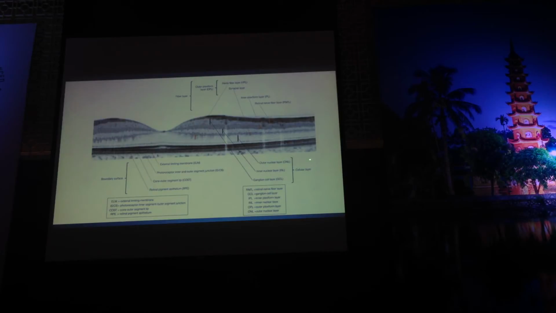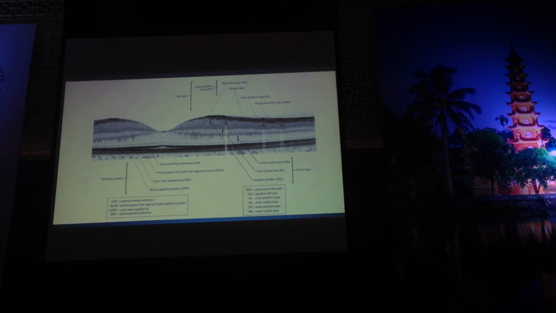And then you have the cellular layer, which is weakly reflective: outer nuclear layer, inner nuclear layer, ganglion cell layer. And you have the boundary surface, which is located around here at the photoreceptor areas. You have the external limiting membrane and the IS/OS junction, ellipsoid zone, and the cone outer segment, and you have the retinal pigment epithelium here as well. Do you wonder why the RPE, which is a cell layer, should be a cellular layer and weakly reflective, right?